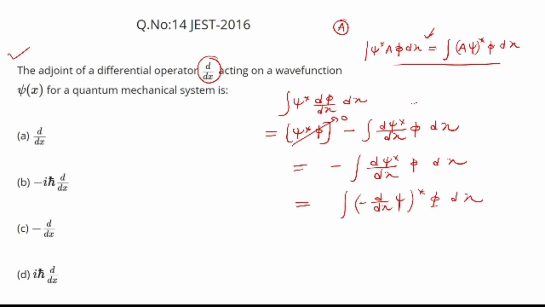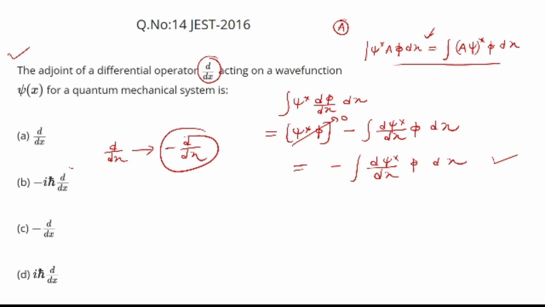So if we compare this whole thing with the general relation, then you can easily say what the adjoint of this operator is. From here we can also compare. So what will be the adjoint of d/dx? The adjoint of this operator is nothing but minus d/dx. So this will be the answer, only minus d/dx.